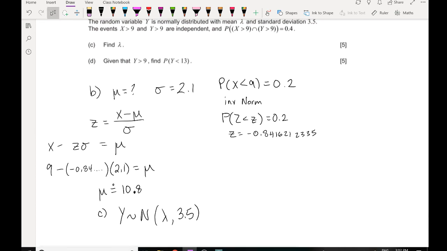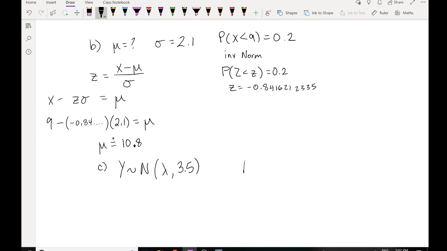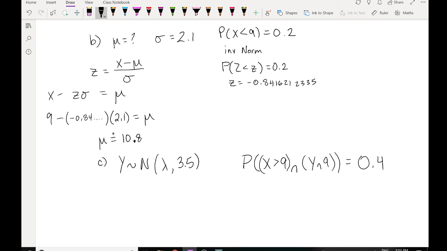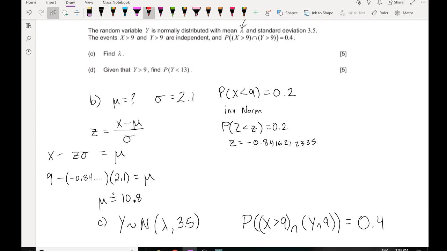But we're told that x being greater than 9 and y being greater than 9 are independent conditions. So x doesn't influence y and vice versa. And we're told that the probability that x is greater than 9 and y is greater than 9 is equal to 0.4. Now, if I just write down the numbers that I've been given, I am missing one fundamental piece, which is that these events are independent from each other.